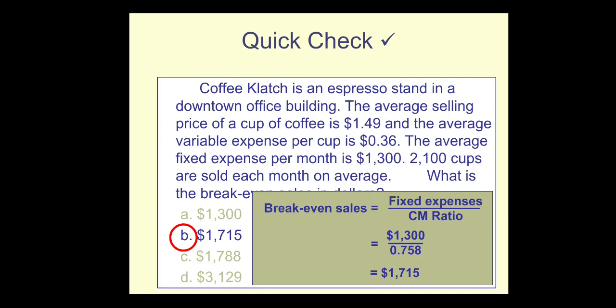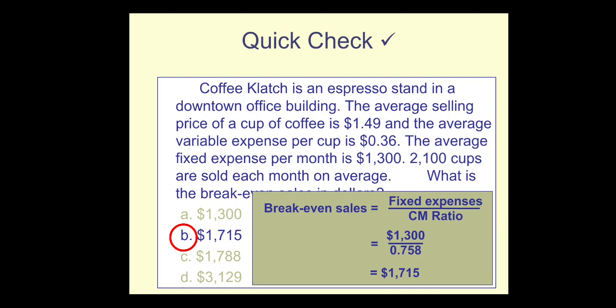The formula to calculate the break-even point in terms of dollar equals fixed cost divided by CM ratio. So fixed cost is $1,300. The CM ratio in this example is 0.758. How to calculate the CM ratio? CM ratio equals unit contribution margin divided by unit price.